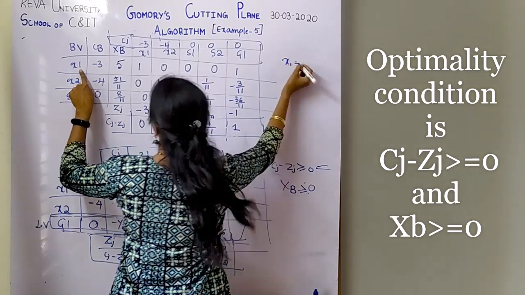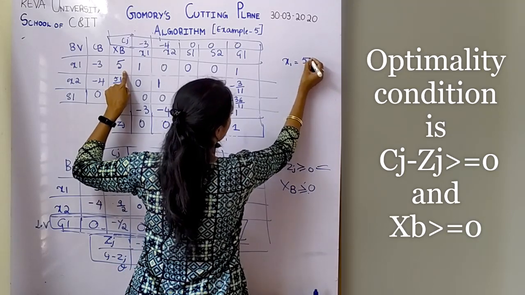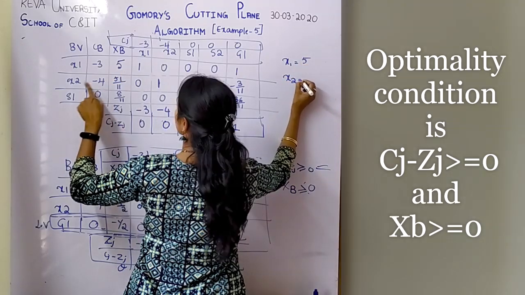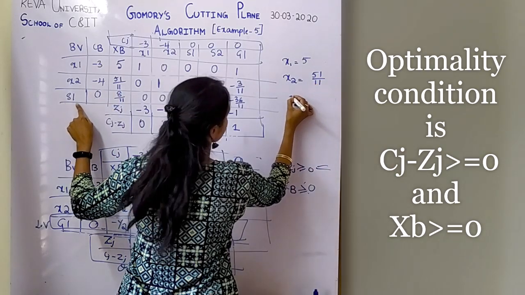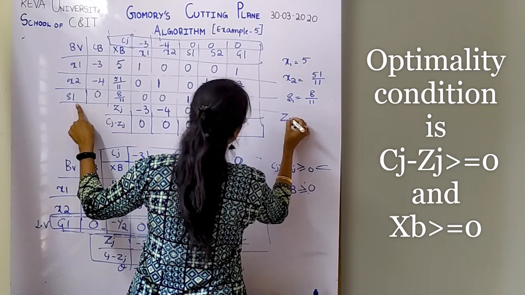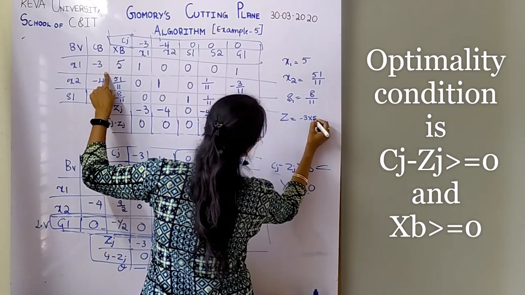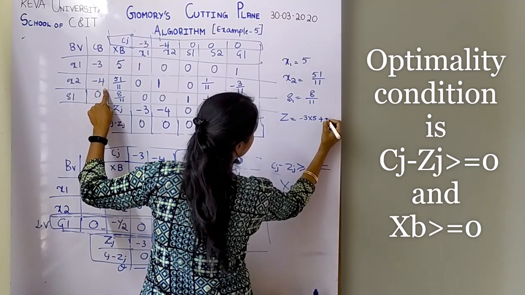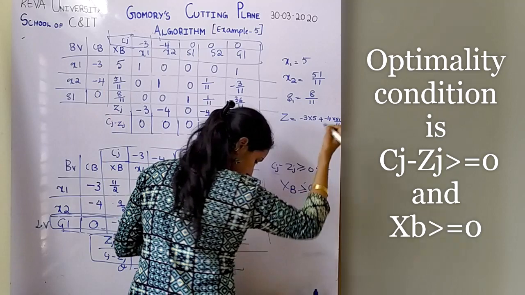So write down the values of x1 and x2 and s1. x1 is equal to 5. x2 is equal to 51 by 11. S1 is equal to 8 by 11. Z is equal to -3 into 5 plus minus of 4 into 51 by 11.